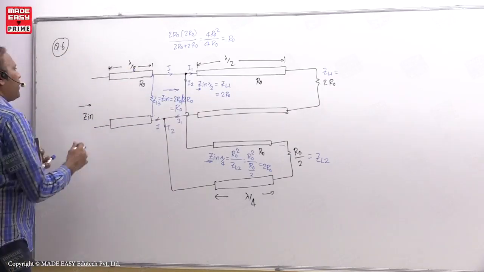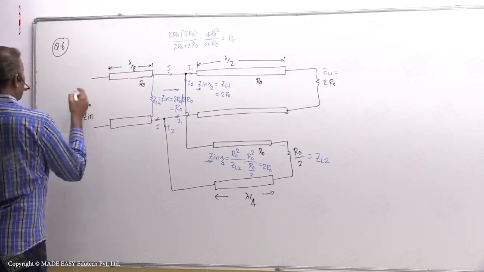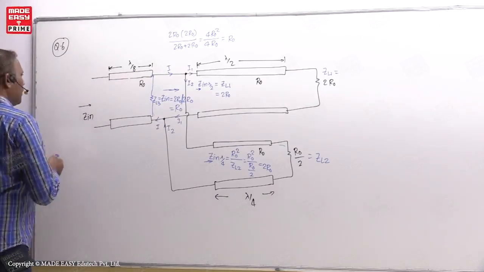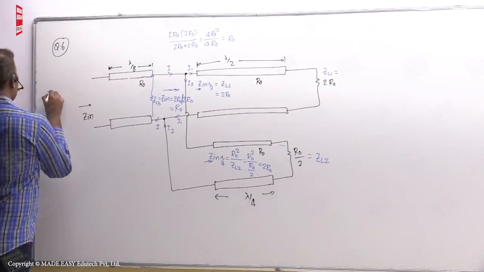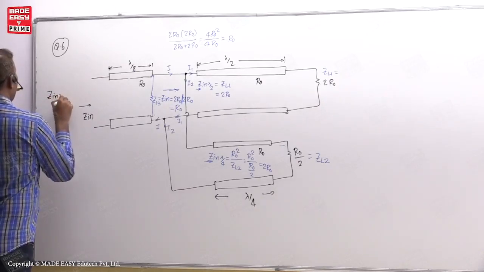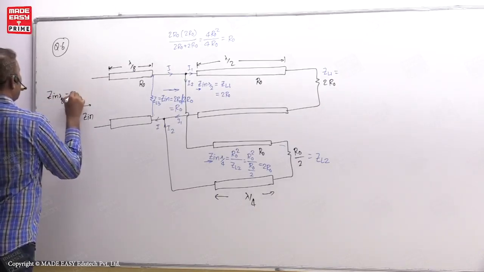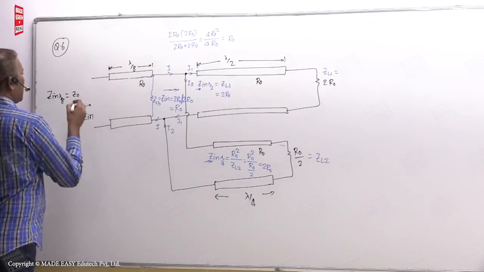Now this is a lambda by 8 transmission line. For this transmission line, Z0 is R0.